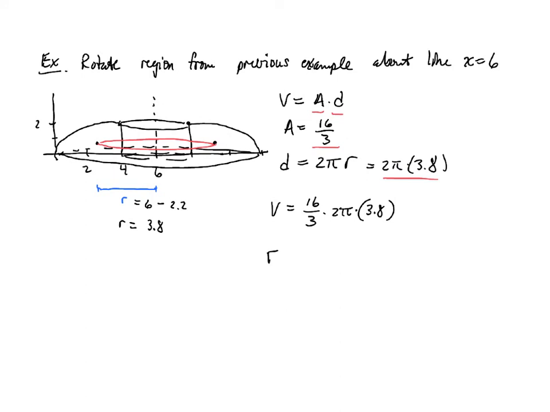You can see another example of this in the textbook in example number 7, and this is the end of the lecture on section 8.3, Applications to Physics and Engineering.